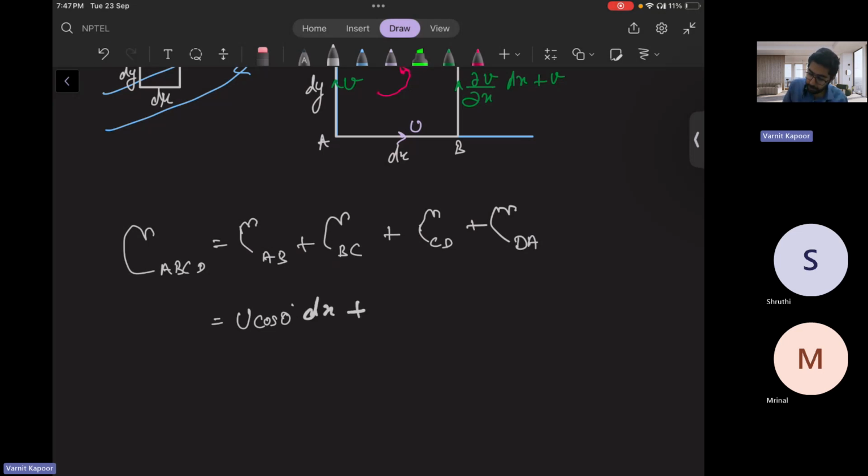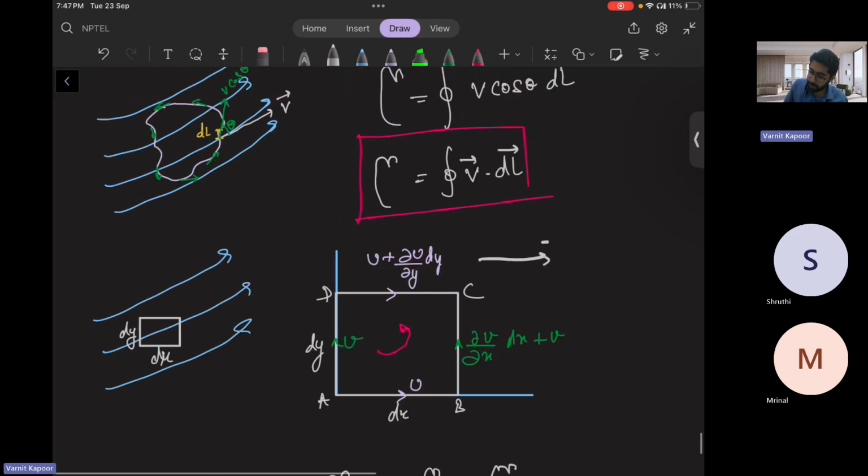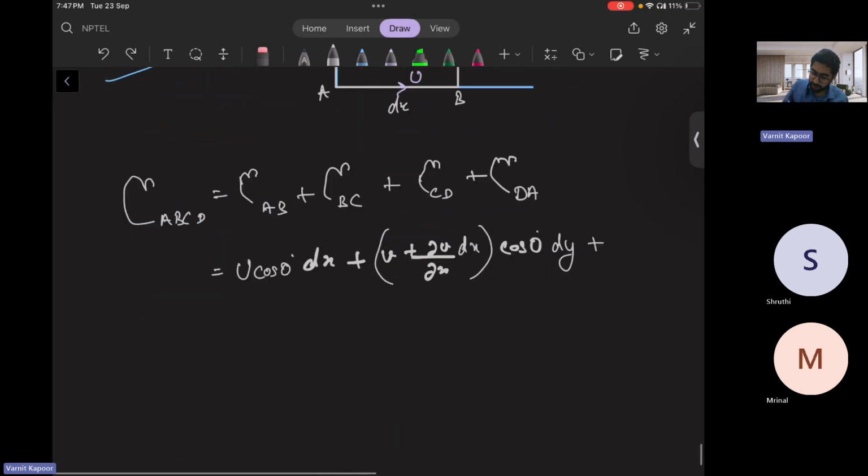For BC, my velocity is v plus dou v by dou x dx. Again, velocity and the y direction are the same, so cos 0 dy. Then for CD, my velocity is in this direction, whereas my dx is in the left direction, so it will be cos 180.